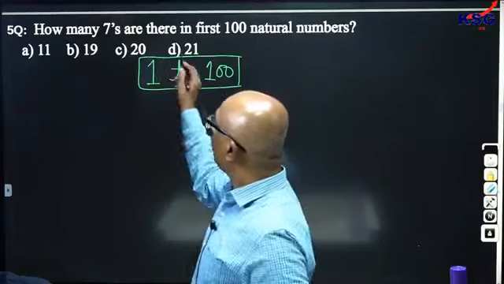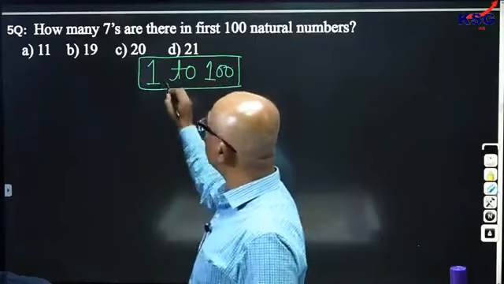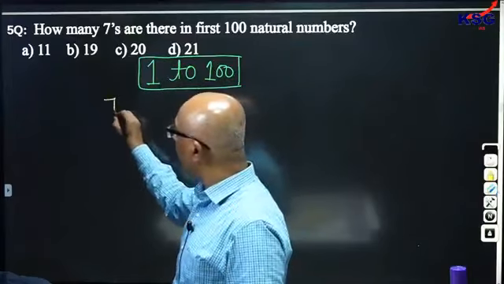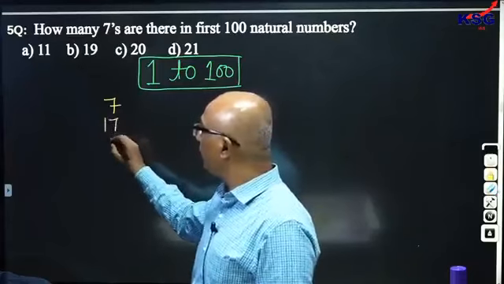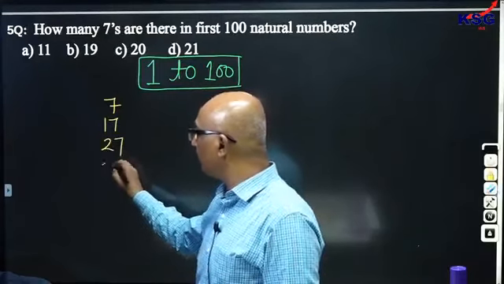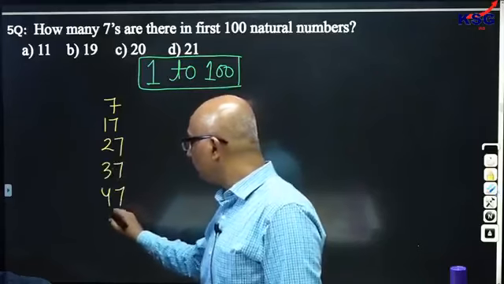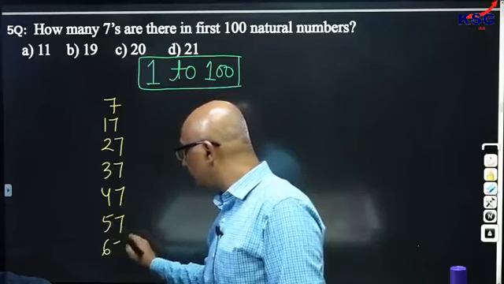See here. How many 7s in the first 100 natural numbers? The first time 7 appears is in the number 7. Then 17 contains one 7, 27 contains one 7, 37, 47, 57, 67.